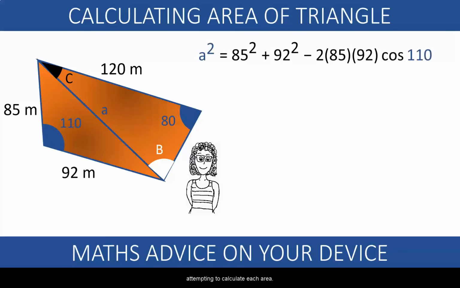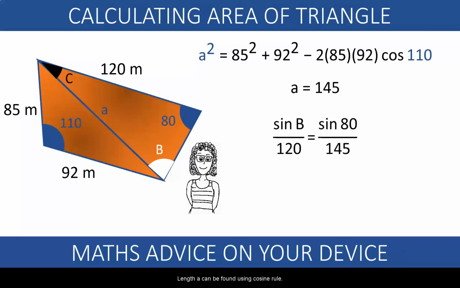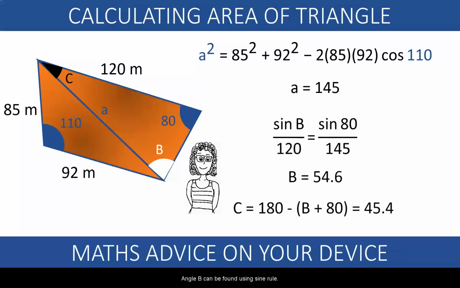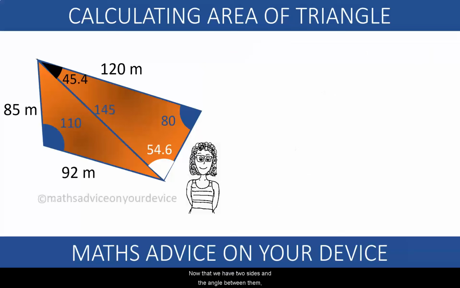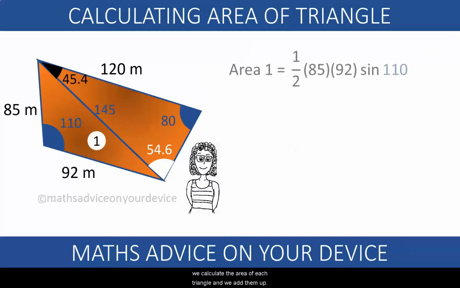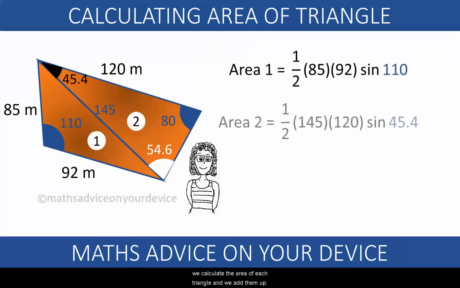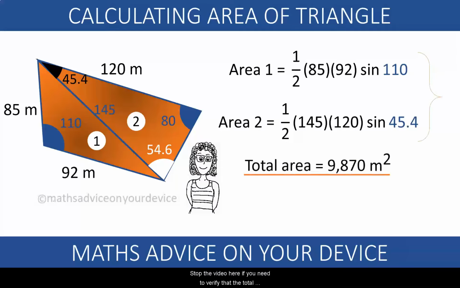Length A can be found using cosine rule, angle B can be found using sine rule, and angle C is the angle that adds up to 180, so 45.4. Now that we have two sides and the angle between them, we calculate the area of each triangle and we add them up. Stop the video here if you need to verify that the total area is 9,870 square meters to three significant figures.